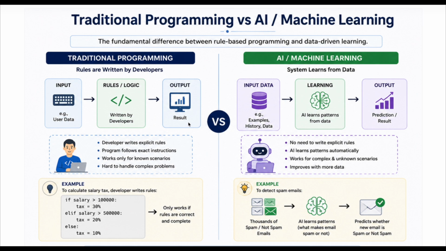For example, suppose we want to calculate salary tax. A developer may write rules like this: if salary is greater than this amount, apply 1%. Otherwise, apply another percentage. The system follows exactly what the developer writes.